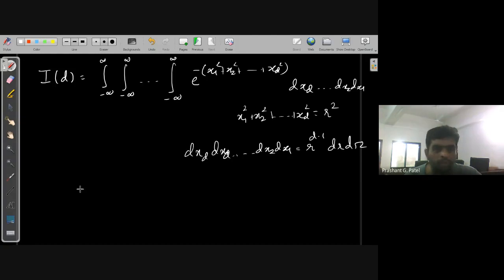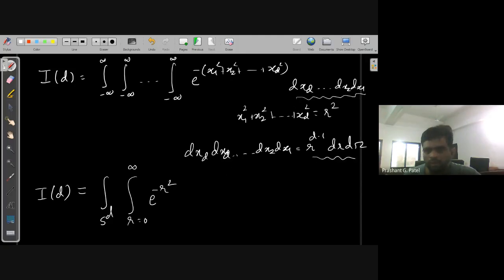So this integral in polar coordinates will change to the integration over the surface, and the integration of r running from 0 to infinity e power minus r square, and this quantity changes to r raised to d minus 1 dr d omega. Now both omega and r are independent variables and they do not interact with each other.